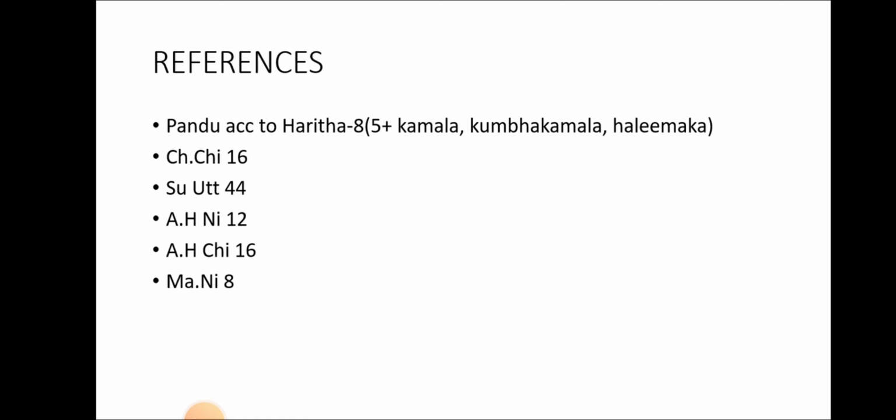So from this, you will get two ways how Kamala occurs. One is either the Pandurogi indulges in Pittavardhaka Ahara Vihara, or a person directly indulges in excess consumption of Pittavardhaka Ahara Vihara. So these are the two chances.